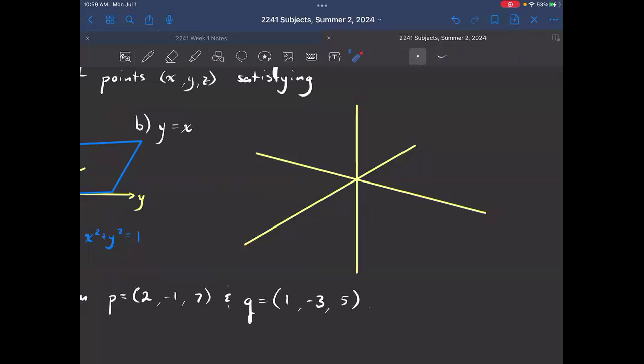What I'm going to do instead is put the x over there, the y over here, and the z up here. So this is positive x, positive y, and positive z.